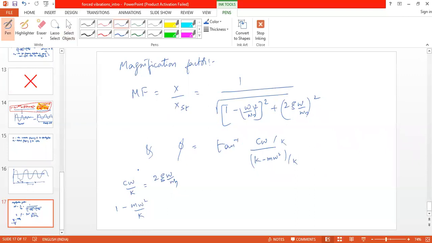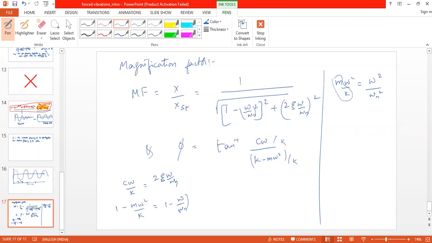And M omega square by K, this we need to rearrange. M omega square by K is nothing but omega square by omega n square, since K by M is omega n square, so M by K is 1 by omega n square.